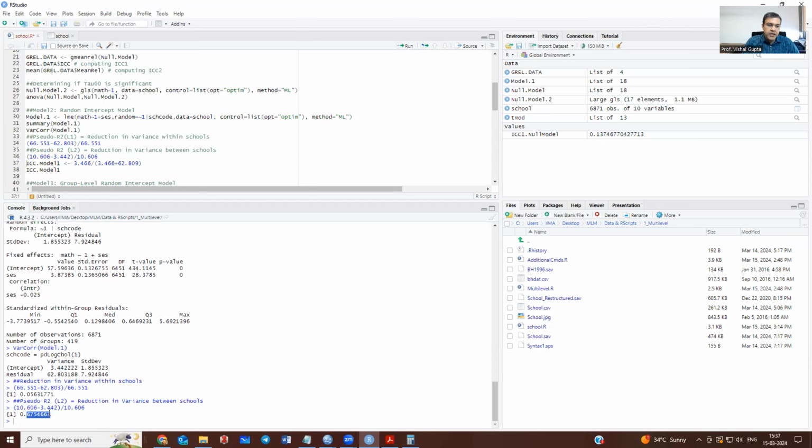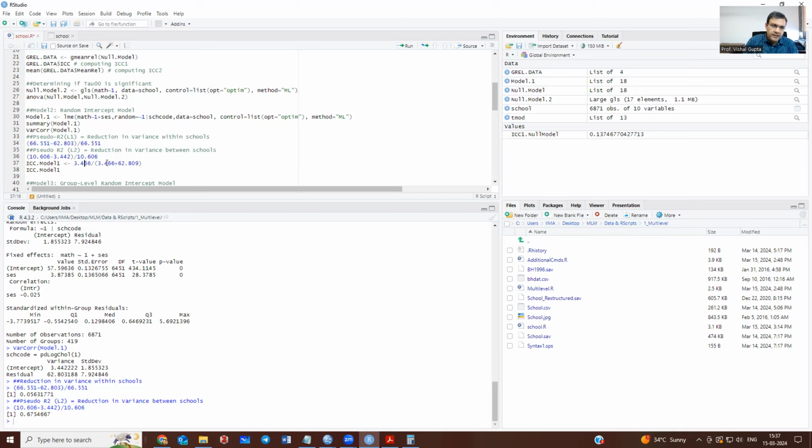67.5. That just by bringing in the L1 variable, even our L2 variance has gone down by 67.54%. What is the remaining now?